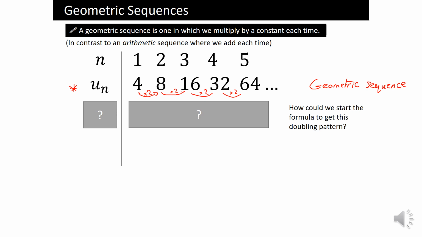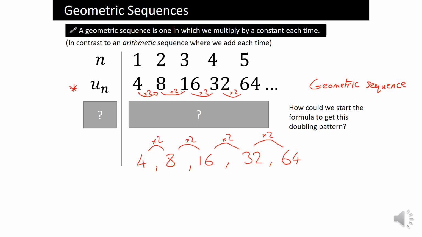So if we've got 4, 8, 16, 32, 64, we're timesing by 2 each time. What we want to do is work out a system of writing this out as a position to term rule.